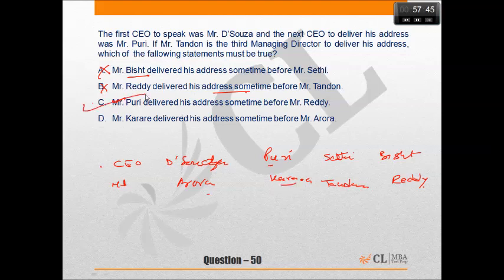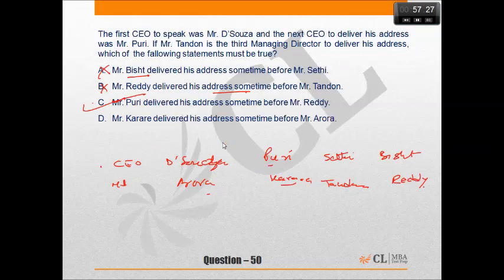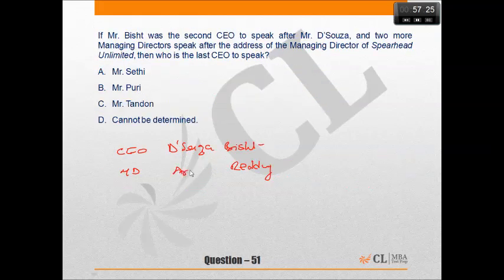So it should be C. Bisht is the second CEO to speak, and his MD was Reddy, after D'Souza? D'Souza was with Arora. So we do not need to know these two.